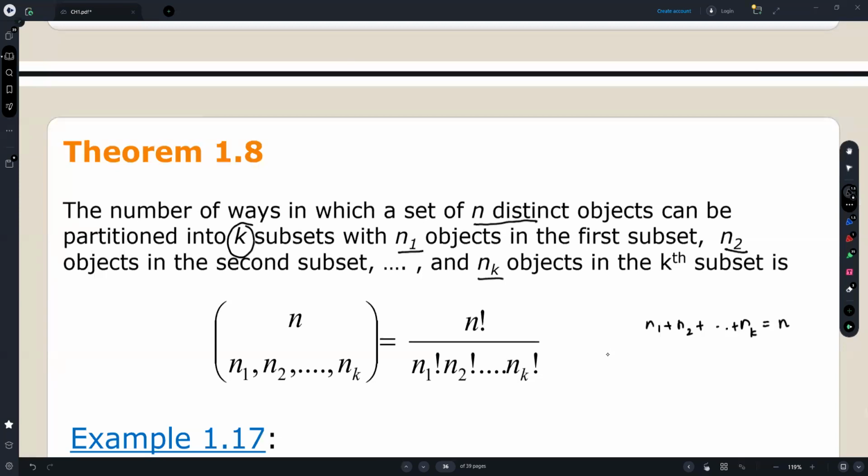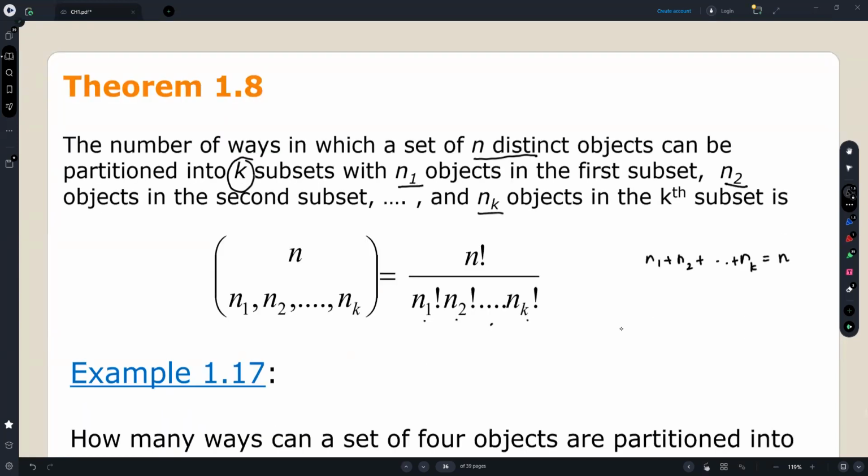So the sum of the values at the bottom should add up to the total n, right? This is very similar to the repeated permutations.